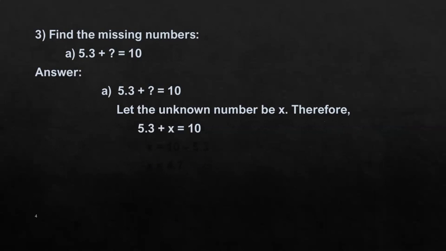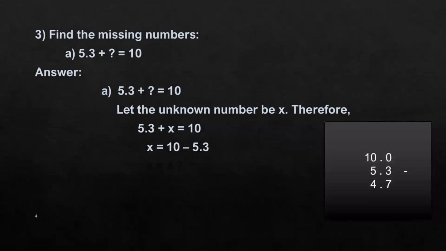Then what will be the second step? We are going to find the value of x. So x is equal to, I'm taking the 5.3 to the opposite side, so x is equal to 10 minus 5.3. If you take one number from one side to the opposite side, its sign will change. You don't need to bother about that right now. Just plan that if a number is missing, then take away that number from 10 in this case.